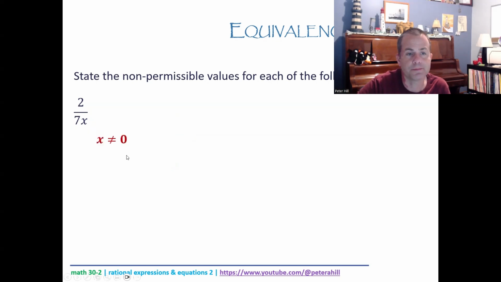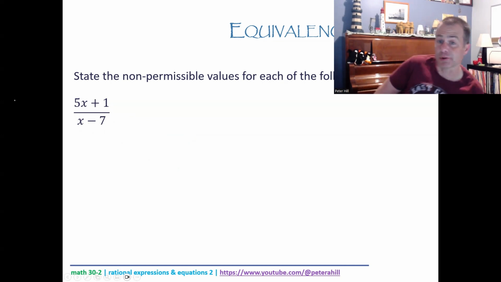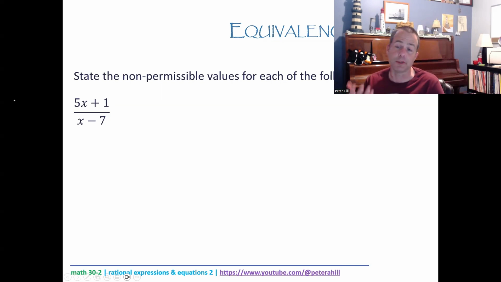All right. Let's try this one then. 5x plus 1 over x minus 7. Okay, again, what would cause a 0 on the bottom of the fraction? Take note, x actually can be 0 here. It's not about x not being able to be 0.